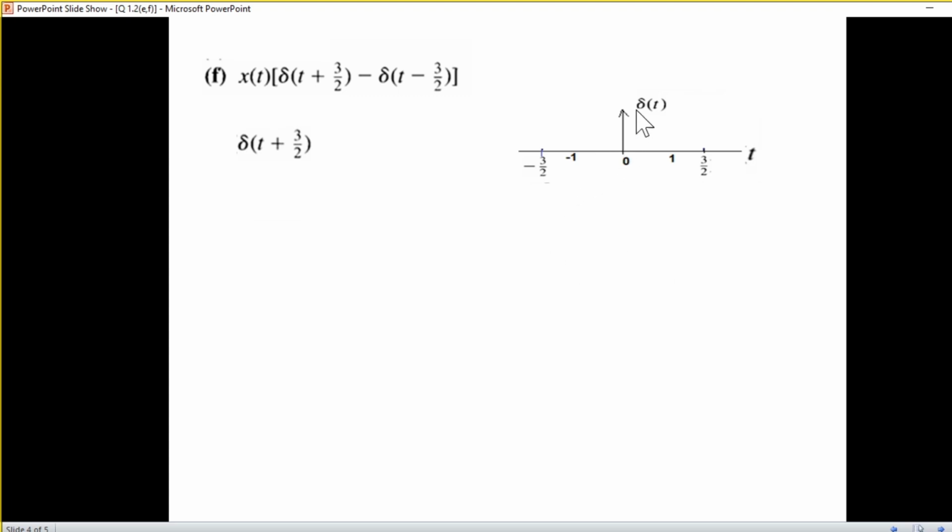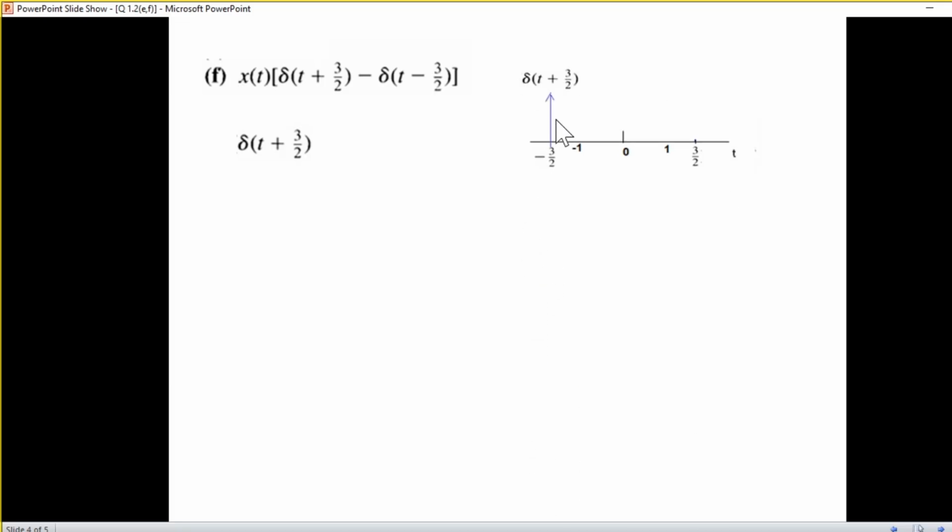Now we need to shift this function because here it is delta(t + 3/2). The easiest way to find the point is to put this equal to 0: t + 3/2 equal to 0 means t is equal to minus 3/2. That means our plot will be here at minus 3/2.